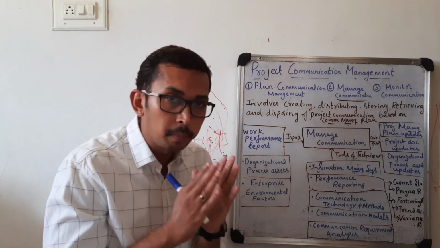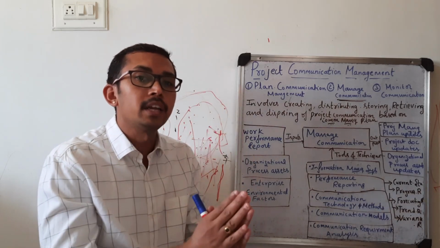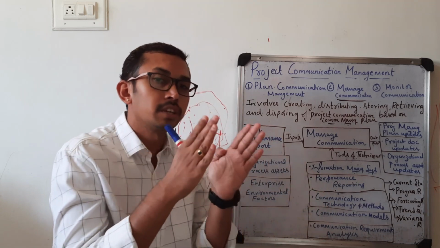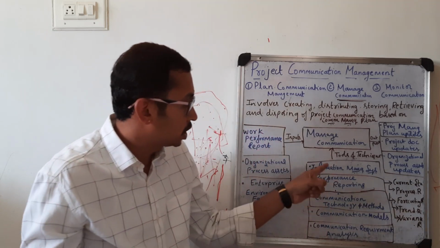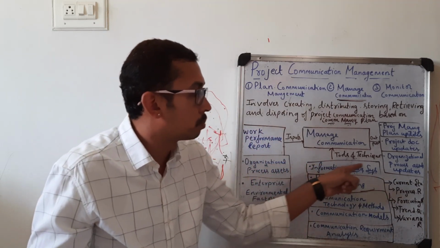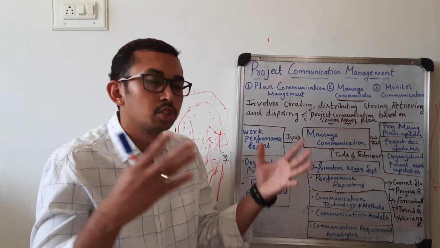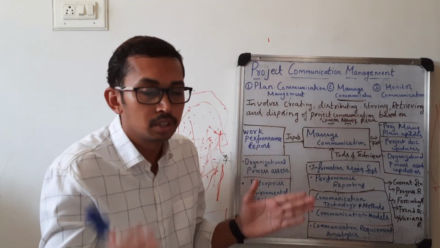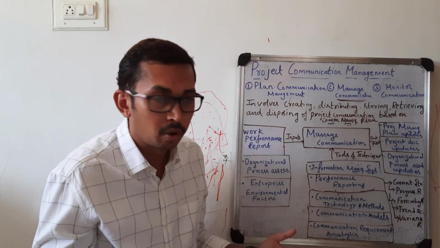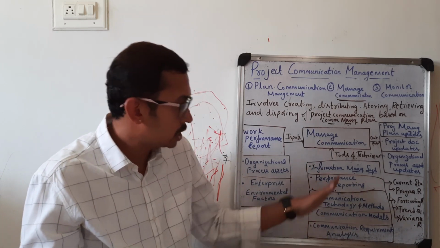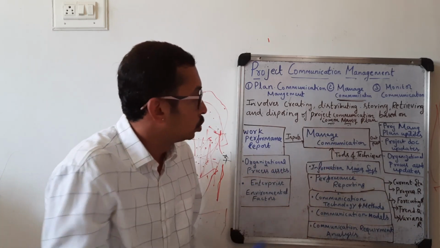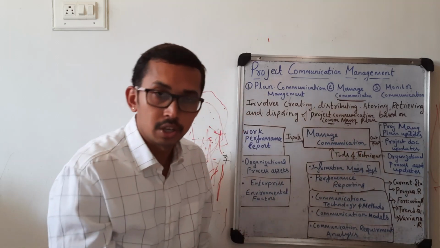With the help of this report, the management are going to take the necessary action. That is the information management system, also called management information system, MIS. So these are the various tools and techniques used in manage communication.